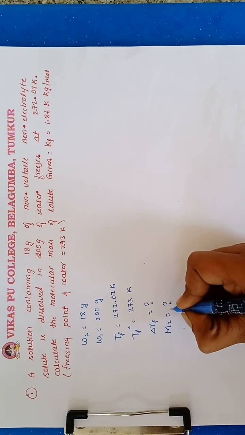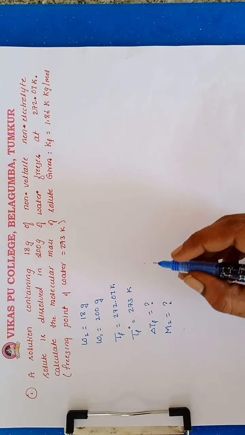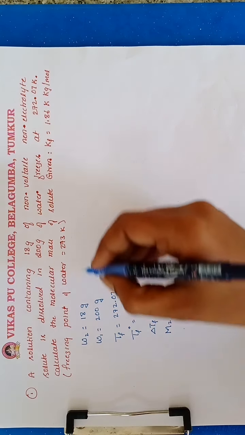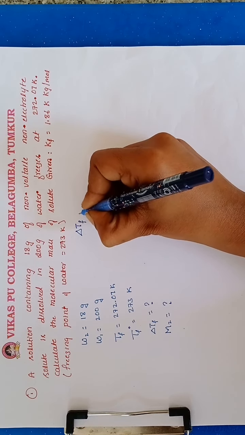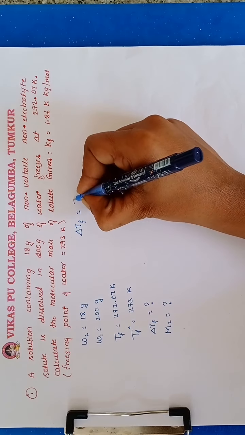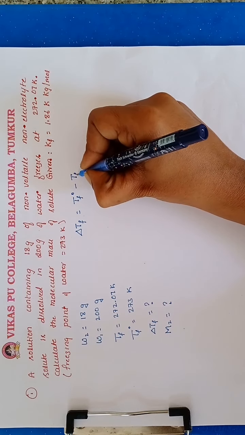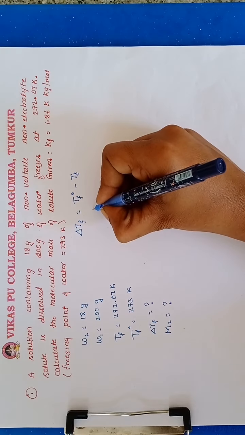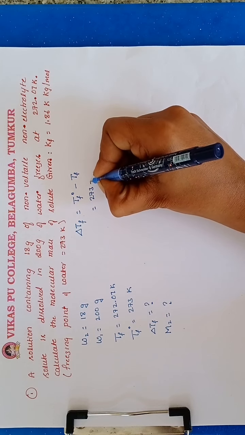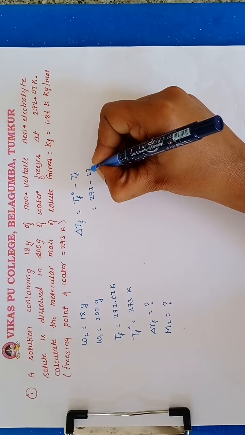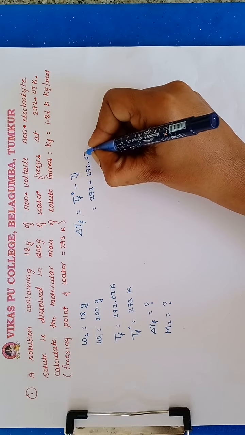First we should calculate delta Tf. We know the formula, delta Tf is equal to Tf naught minus Tf. Here Tf naught is 273 minus 272.07.